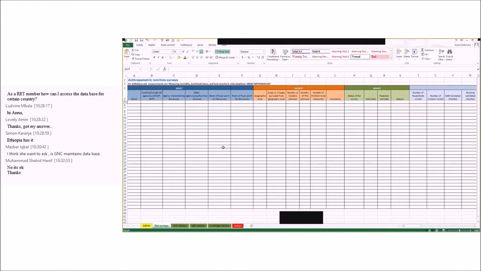Database, yes, if possible. As with all information management toolkit tools, it's posted on the GNC website, and in the invitation for this webinar there is a direct link to the place where it's posted, and after the webinar we will also upload this webinar there, so you can download not only the tool but also the webinar. Okay.